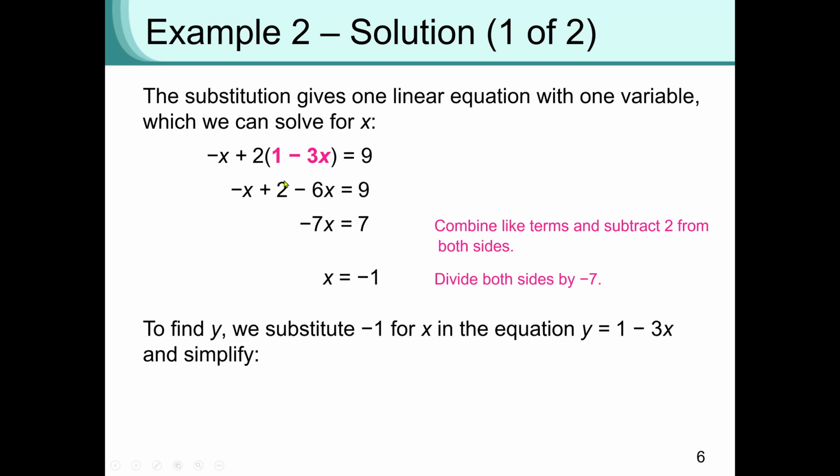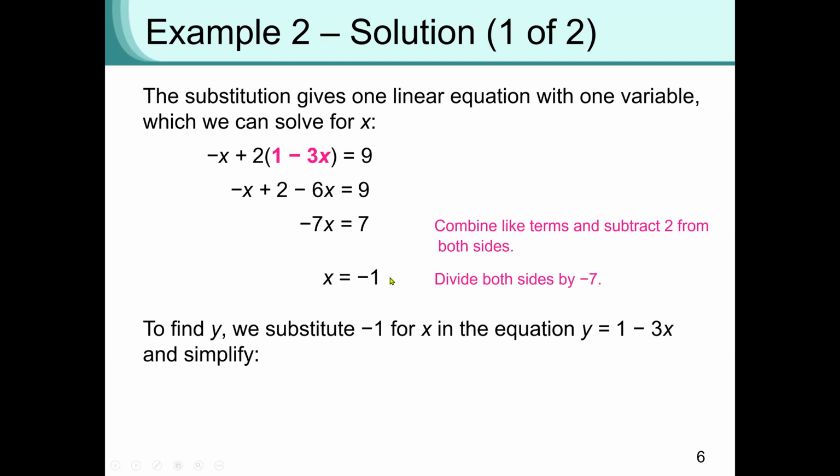Now, plus 2, when plus 2 crosses the equal sign, it will change to minus 2. So 9 minus 2 will give me 7. So I'll divide both sides of the equation by negative 7, because I need the value of x. So negative 7x divided by negative 7 will give me x, and 7 divided by negative 7 will give me negative 1. So this means the x value is equal to negative 1.